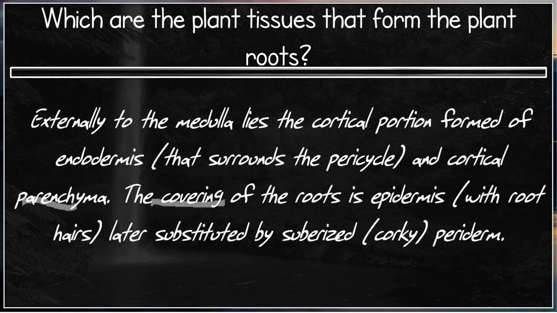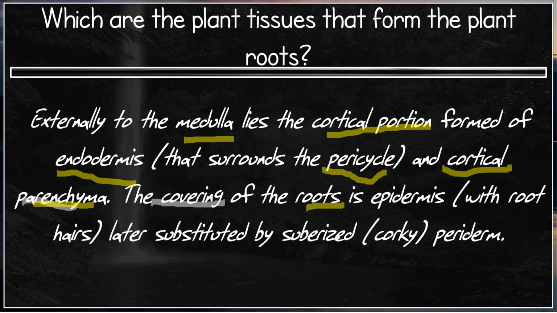Externally to the medulla lies the cortical portion, formed from endodermis, the surroundings of the pericycle, and the cortical parenchyma. The covering of the roots is epidermis with root hairs, later substituted by suberized cork phellem.